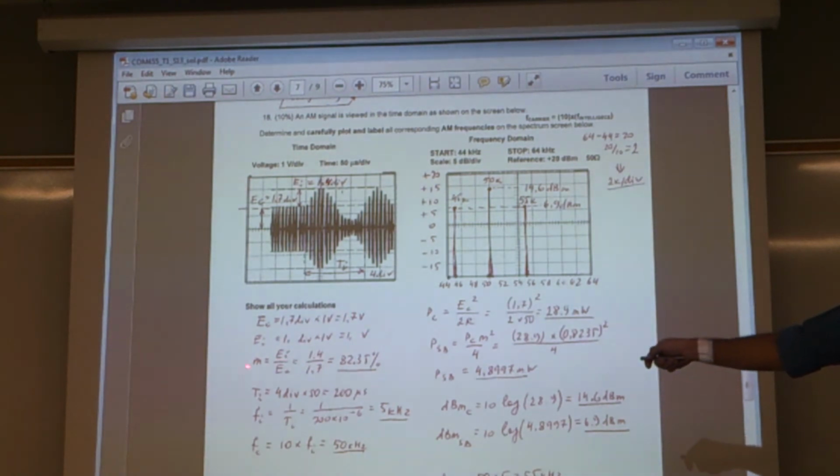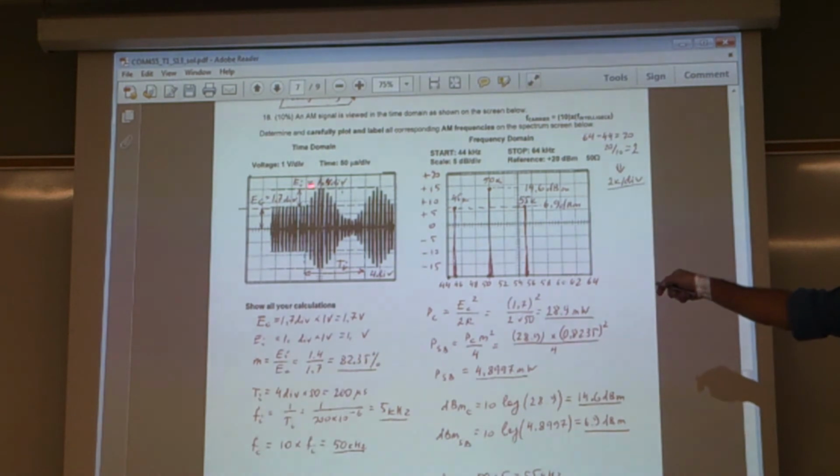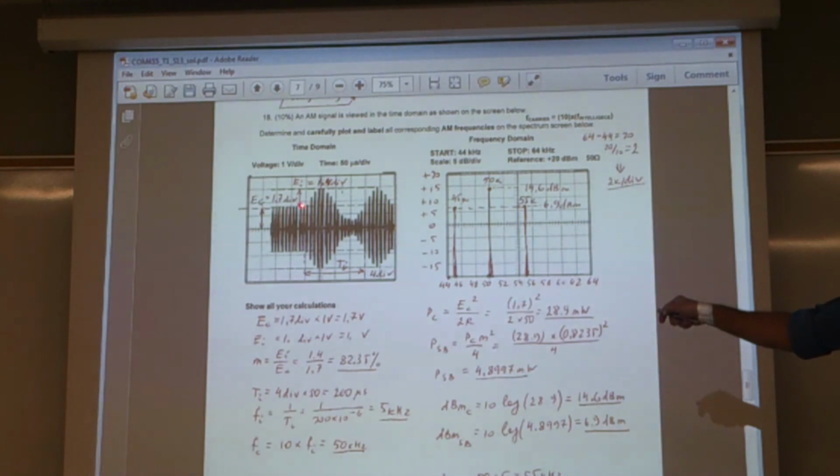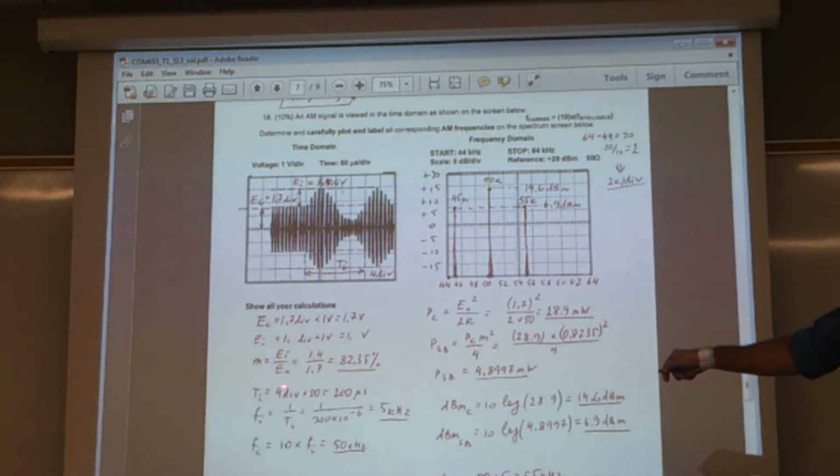Can you find the modulation index? No problem. If for some reason you use maximum, minimum, doesn't matter. You will get the same modulation index. Okay, that's the model. Now, what is the period of it? 1, 2, 3, 4, 5. 1, 2, 3, 4. 4 by 50, 200 microseconds, 5 kilohertz.